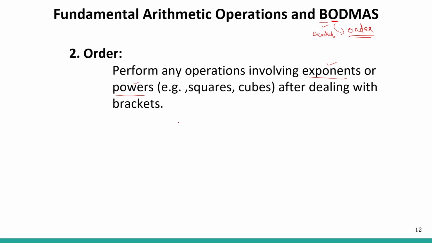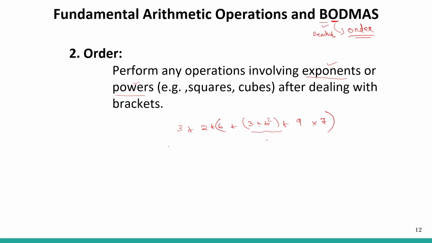So if we are given 3 plus 2 plus 6 plus 3 divided by 6 square, plus 9, into 7, and there is another bracket, how will you proceed? We first search for brackets.